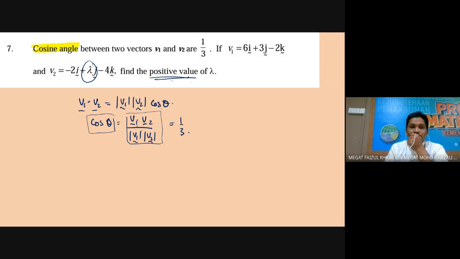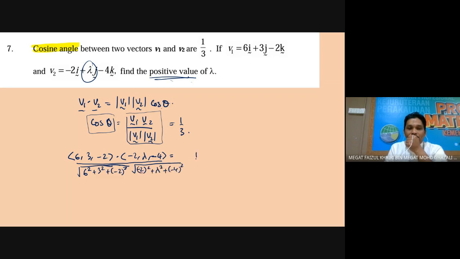Okay, so V1 dot V2, which is (6, 3, negative 2) dot with (negative 2, lambda, negative 4), divided by modulus of V1, square root of 6 squared plus 3 squared plus negative 2 squared, and also square root of negative 2 squared plus lambda squared plus negative 4 squared, equals 1 over 3.